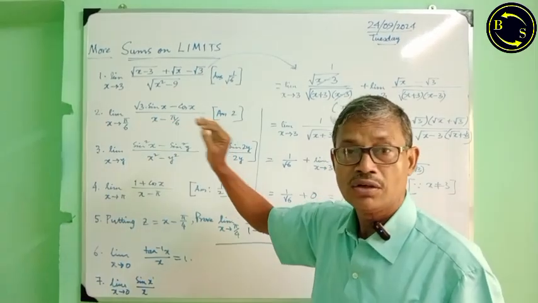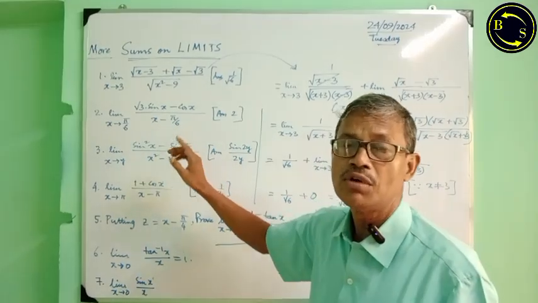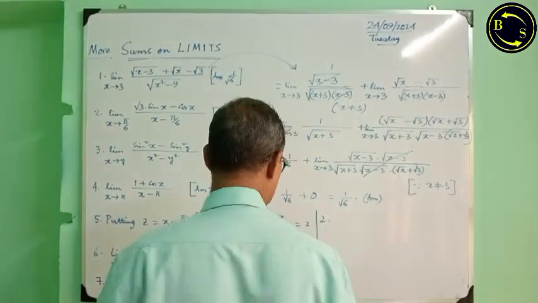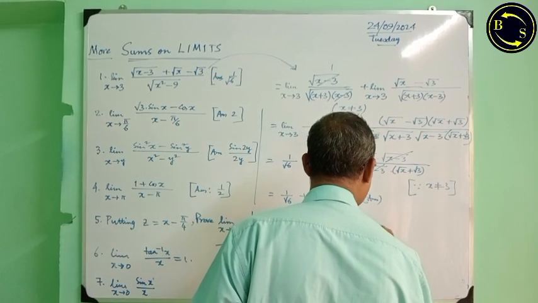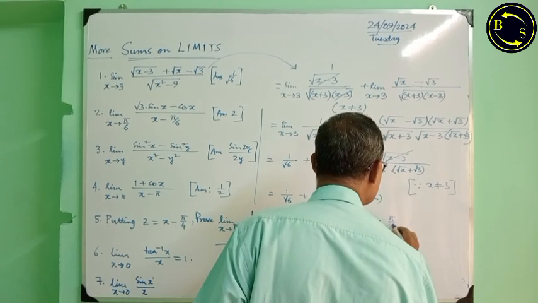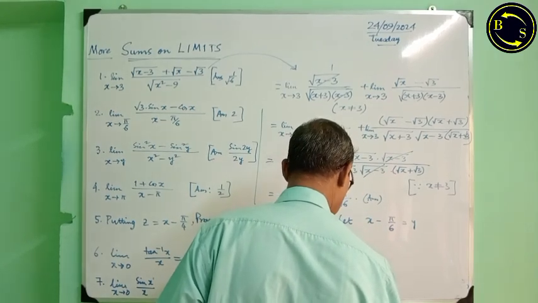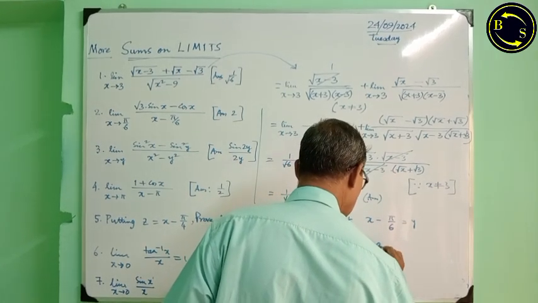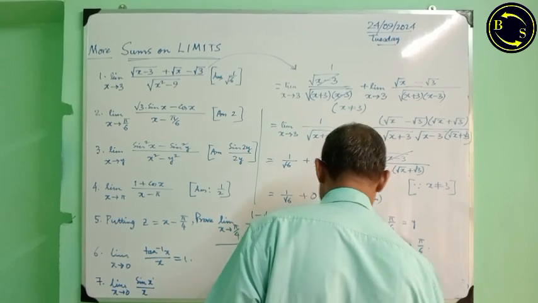For that, we change the variable taking x minus pi by 6 equal to say y. Let x minus pi by 6 is equal to y. Therefore, y tends to 0 as x tends to pi by 6.